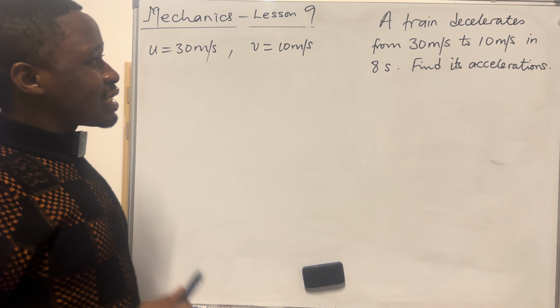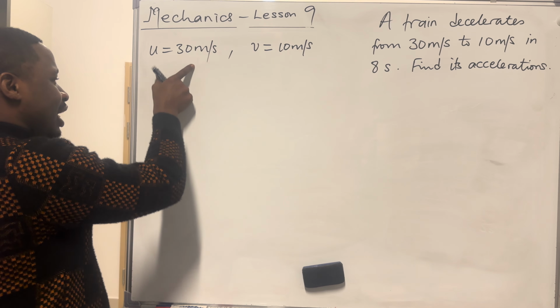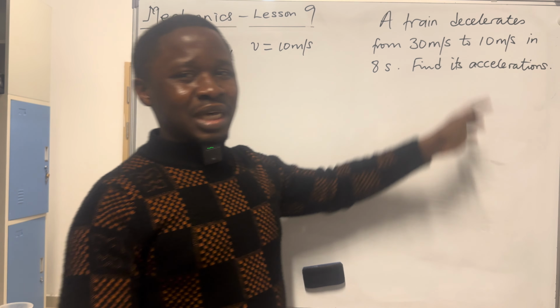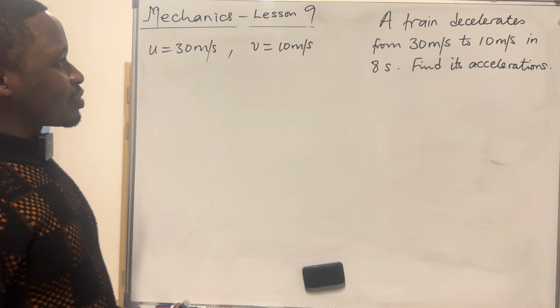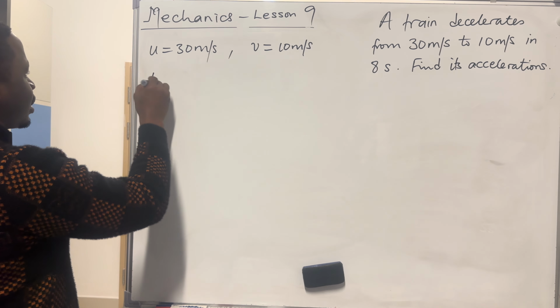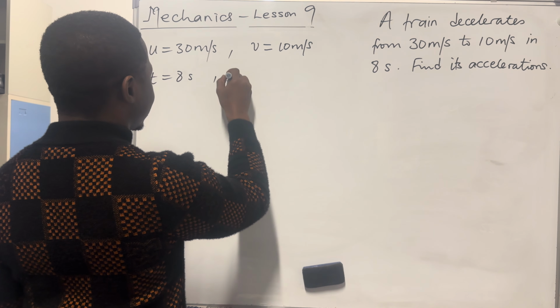What you must understand is that whenever the final velocity is smaller than the initial velocity, that is as a result of deceleration or retardation, and your acceleration is going to be negative. This situation happens in 8 seconds. Then we want to find what?